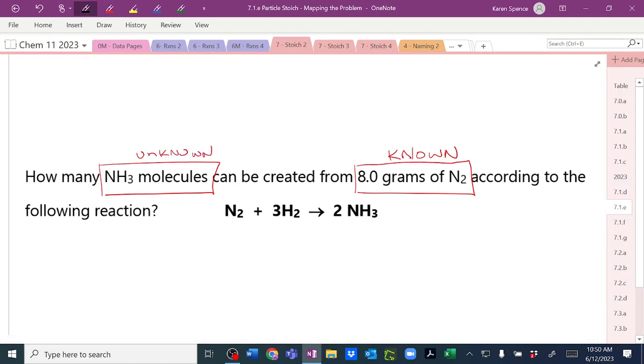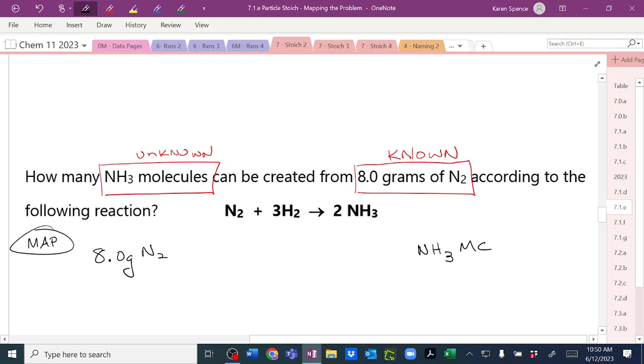We want to make our way from 8.0 grams of N2 all the way to NH3 molecules. So actually, do I have that?